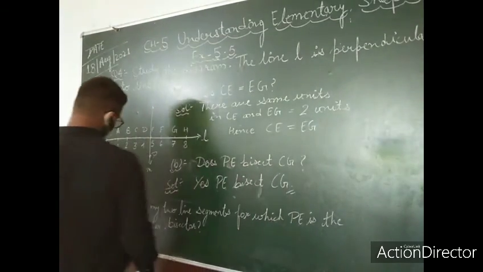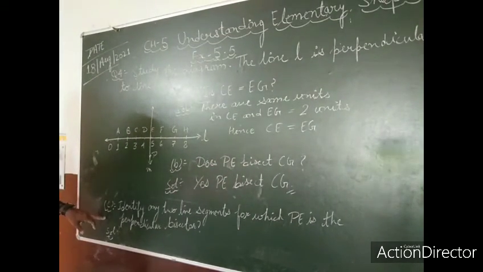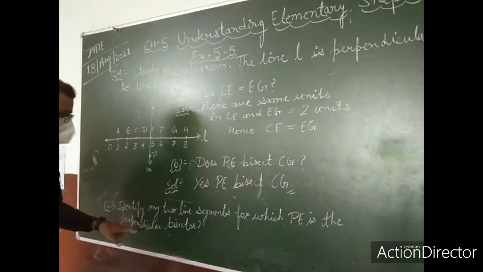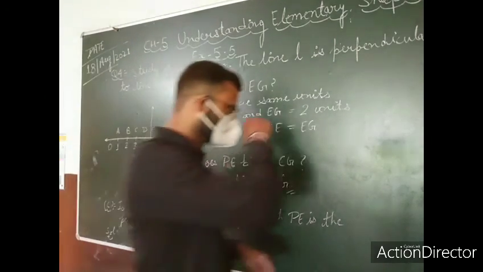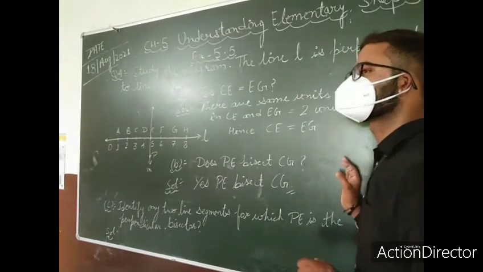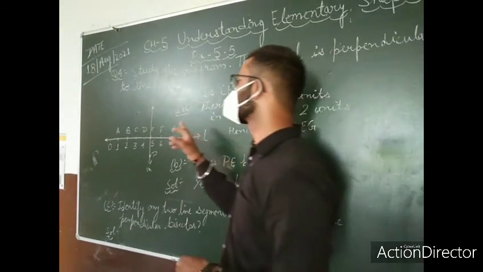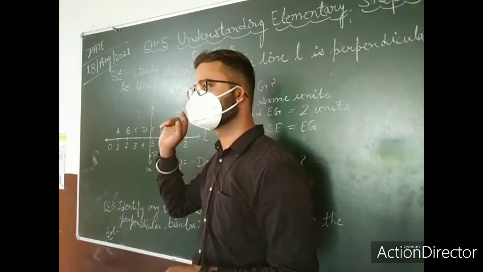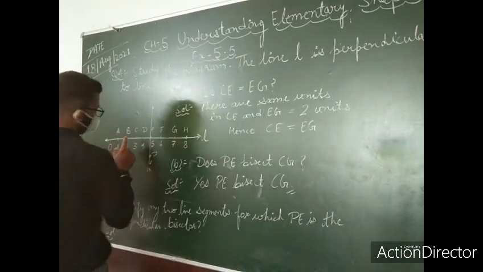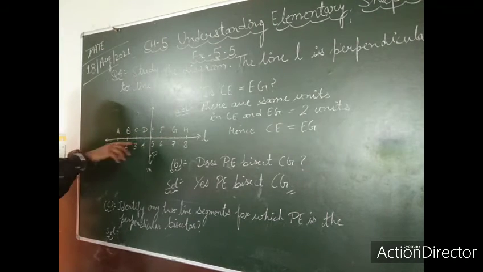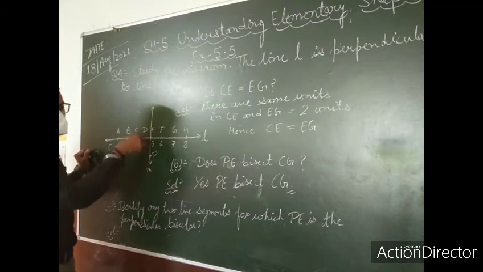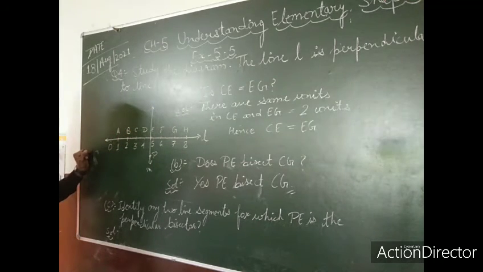Perpendicular bisector means this bisector divides this line exactly into two equal parts. At that time we say that this line is a perpendicular bisector, right?